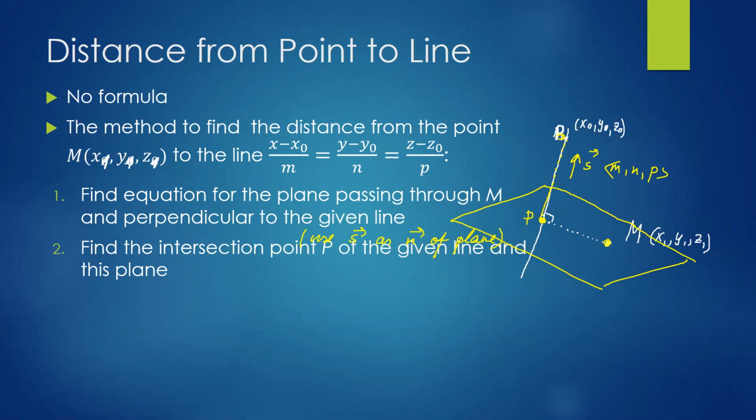That can be found by solving some system of equations, which is usually not very complicated, but best of all, it's done by expressing the line in the parametric form and then putting that parametric form x, y, z into the equation of the plane and finding the value of t. We will do that next time. So this is not something we will do today. Don't worry, I'm just giving you the plan today. And next time on Wednesday, we will actually do this in finer detail.